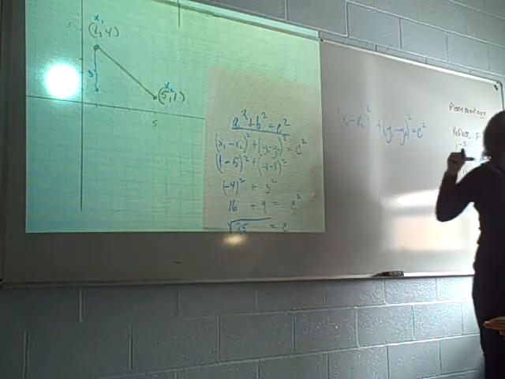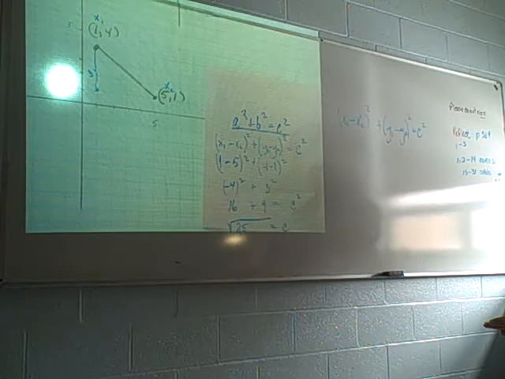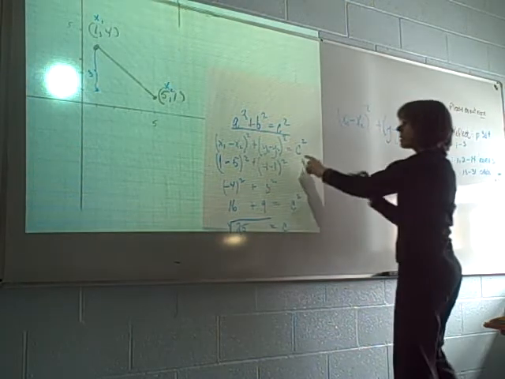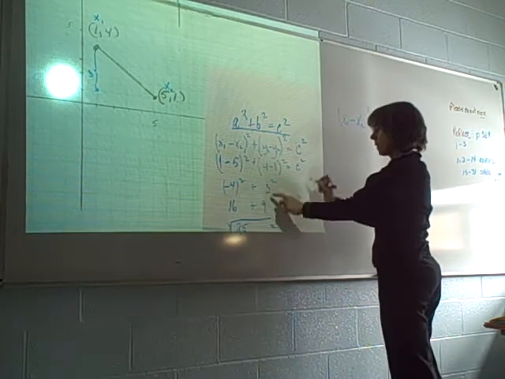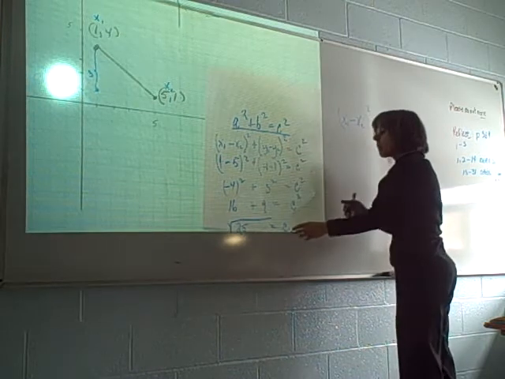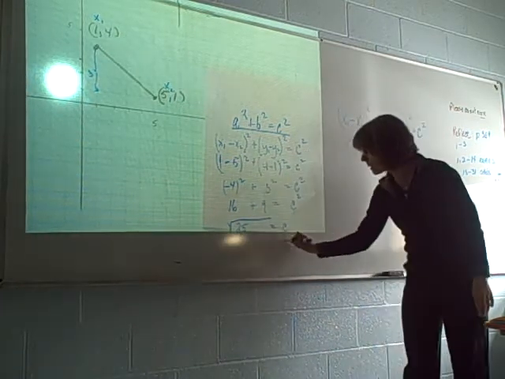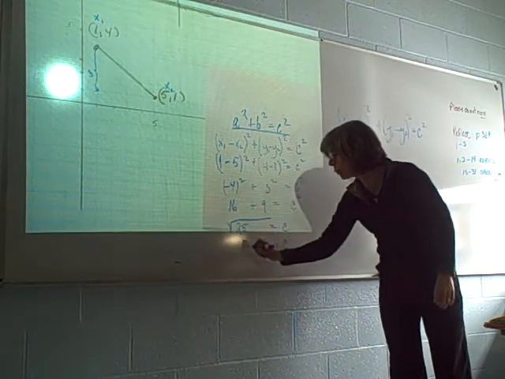Wait, with what you just did, so C is root 25 is what you're saying? Yeah, this is equal to c squared. I've been working this side. I'm solving, I want to know what c is, which is 5, right? So c is equal to the square root of that.